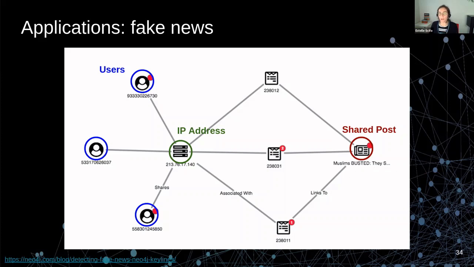Here is another pattern where you see that you have 3 users that have been found to use the same IP address, and the 3 of them have shared the same post. So it's probably a suspicious behavior, and it would be worth checking a bit further whether these users are real users or correspond to fraud behavior.